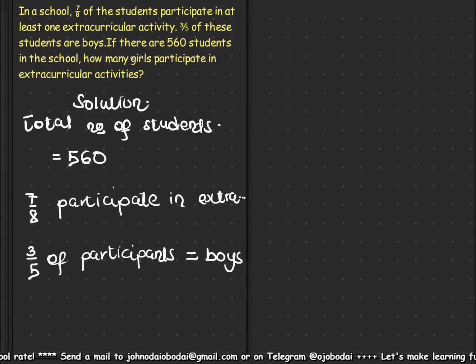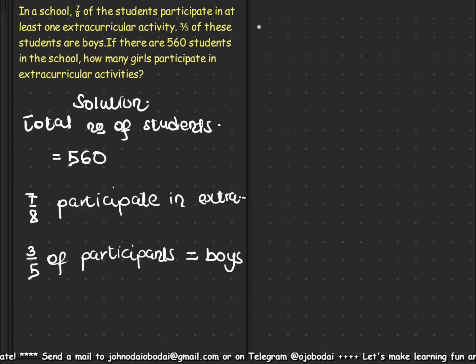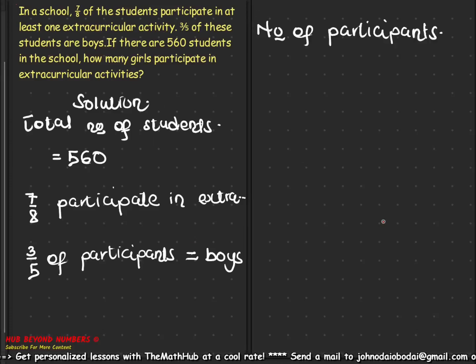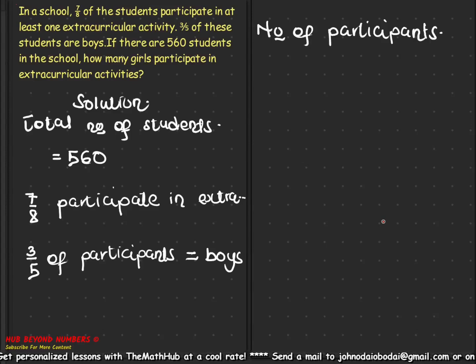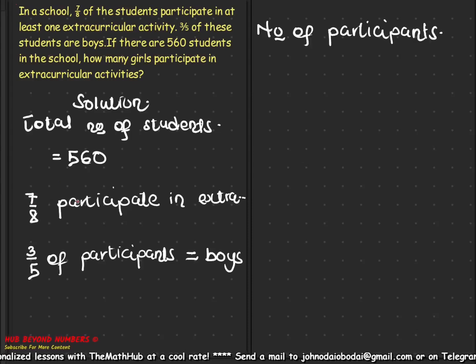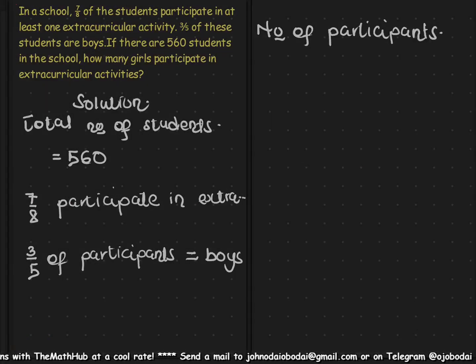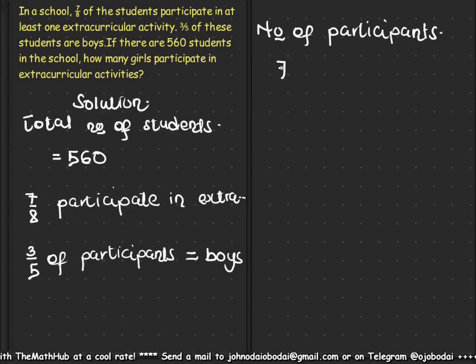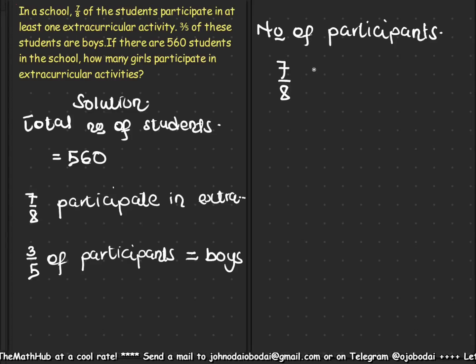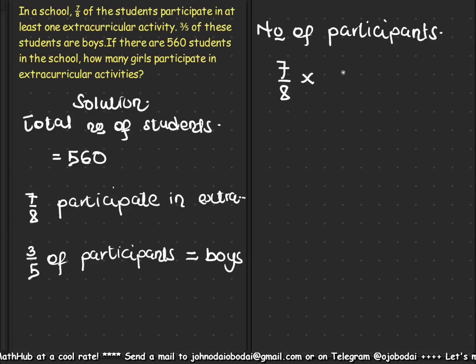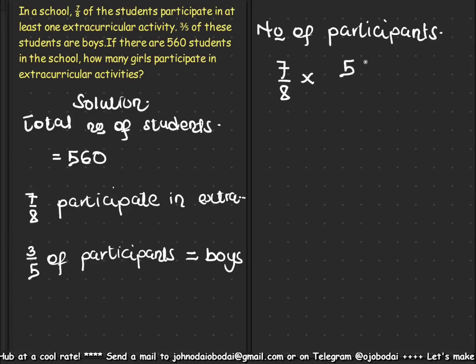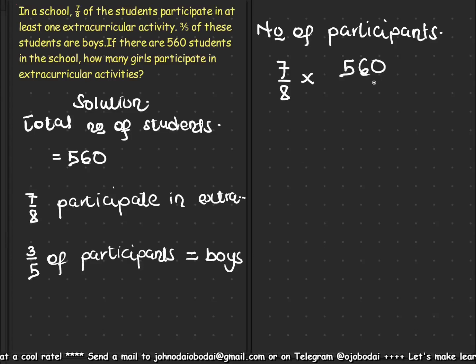We want to solve for the number of participants. And we said the number of participants is 7 over 8 of the total number of students. Of means times. So times the total number of students, which is 560.